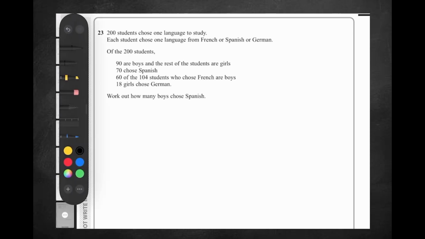So, how many boys chose Spanish? 60 of the 104 students who chose French are boys. So, 60 out of 90 boys chose French. That leaves 30.